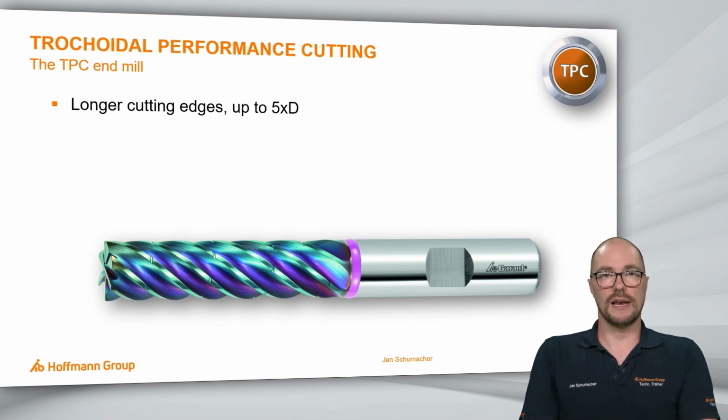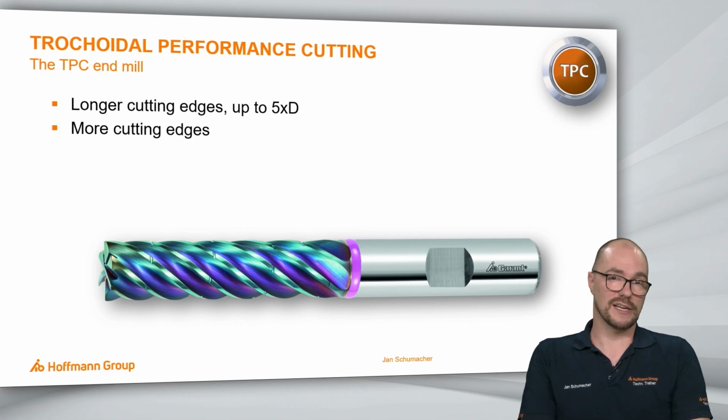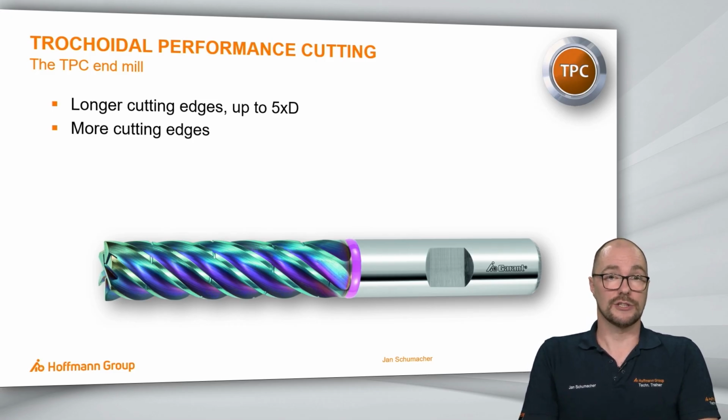But first of all, let's have a closer look at the tool itself. Cutting edges can be up to 5 times D long, which is something you would rather not find on standard HPC milling cutters. This end mill also comes with more cutting edges. More cutting edges generate more productivity and a higher material removal rate.